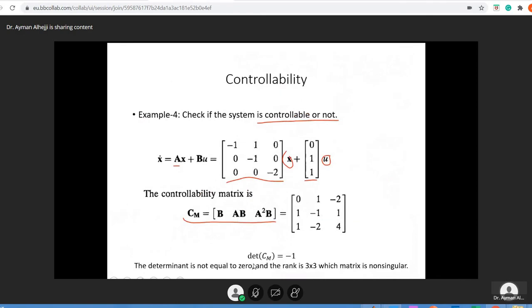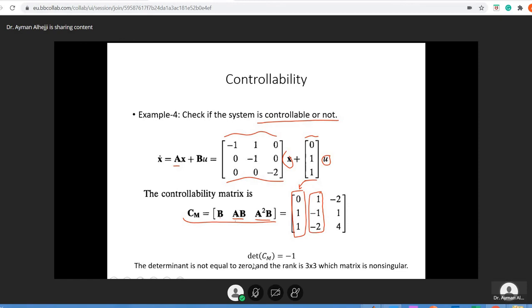In this example, A times B, A squared times B. As you can see here, B is located here. This B becomes the first column. Okay. And then we multiply A times B. If you multiply A times B, you will get this column.